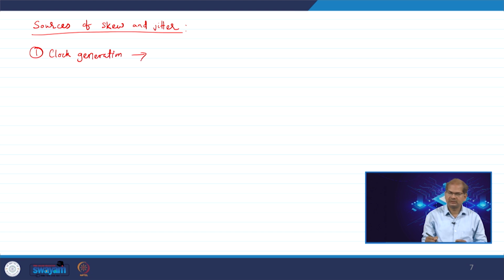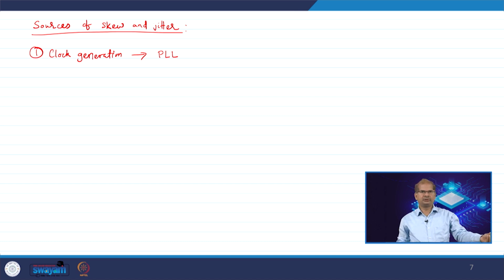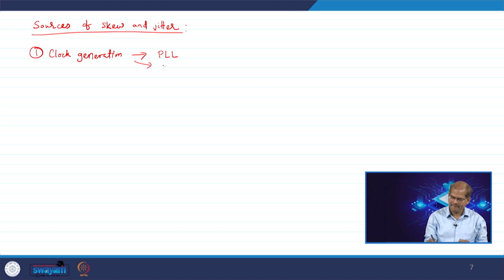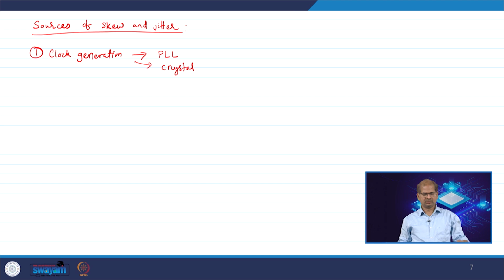In the clock generation circuit you have a PLL. The phase locked loop is used to generate a high speed clock inside a chip, or you can use some kind of crystal to generate a clock. So, PLL or a crystal. Both have some amount of jitter depending upon their design specification.